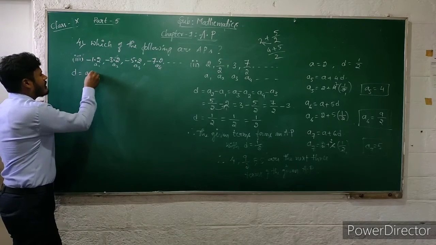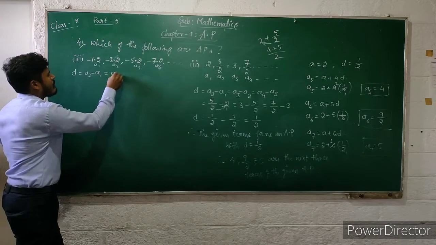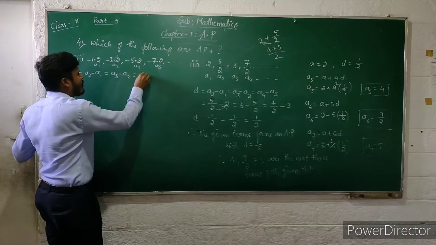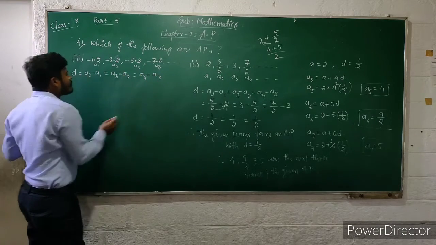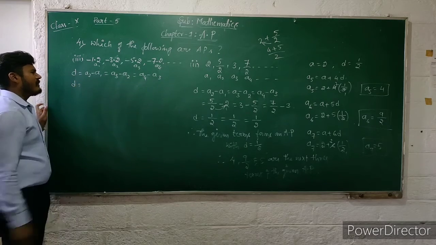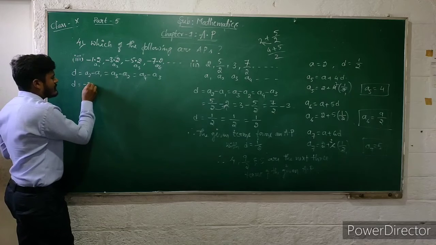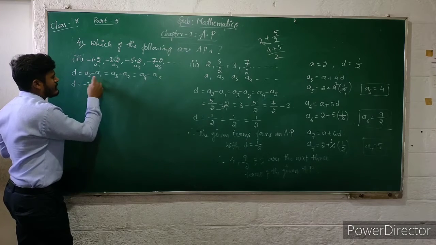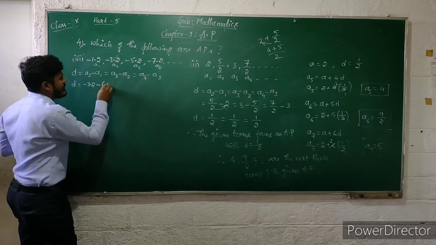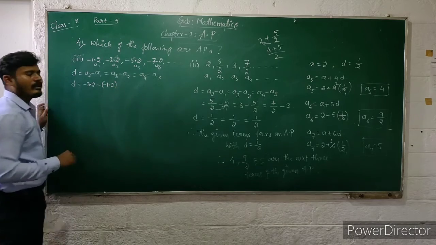Then A2 minus A1, A3 minus A2 and A4 minus A3. Then the common difference is equal to A2, which is minus 3.2, minus of minus 1.2.